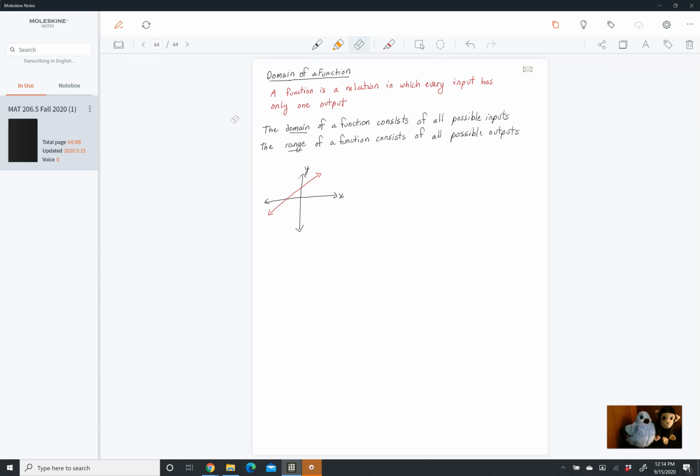Okay, we'll just call this line L. Okay, so it does not matter what the line is, which is why I'm calling it L. Okay, so the domain is any x value where you're going to get an output, where if we drew a vertical line, the vertical line would hit the graph somewhere. Okay, so it only hits the graph once, but it will hit it somewhere.